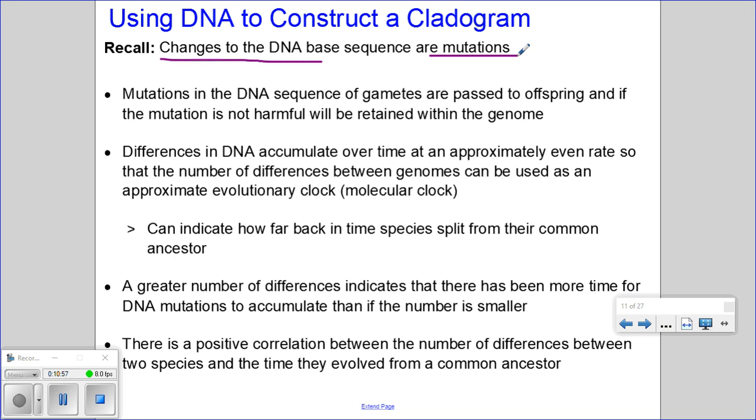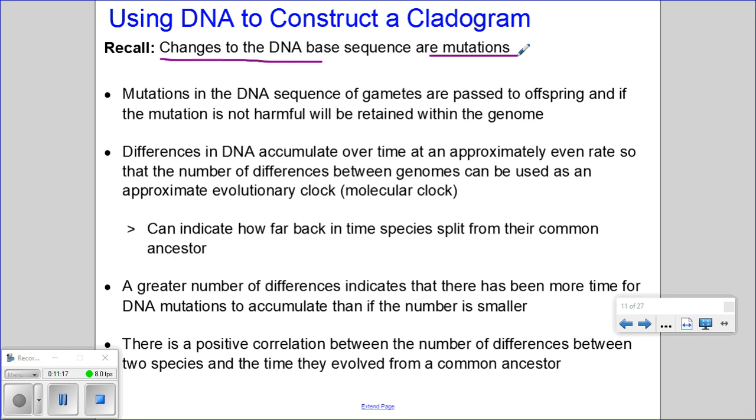Now, differences in DNA accumulate over time at an approximately even rate, so that the number of differences between genomes can be used as an approximate evolutionary clock, which is referred to as the molecular clock. And we'll go into more detail about this molecular clock.